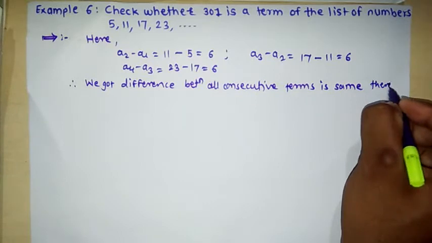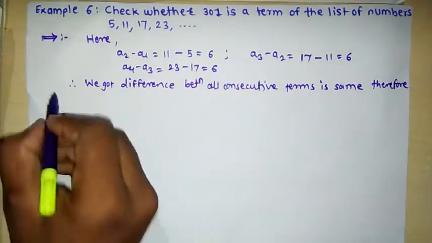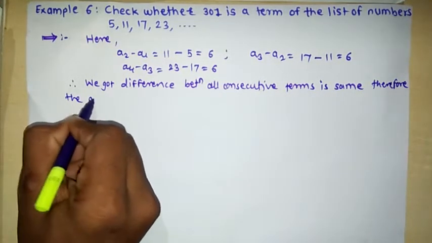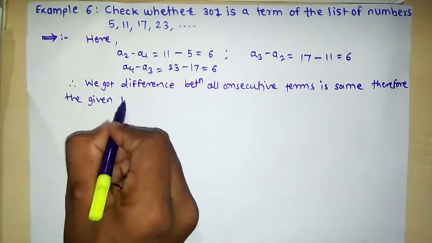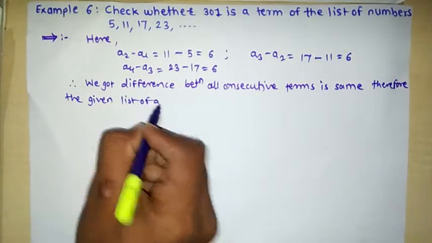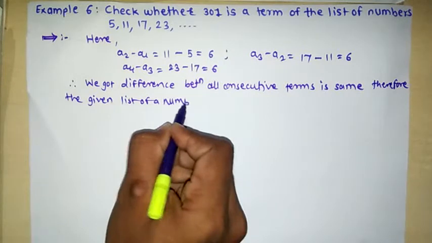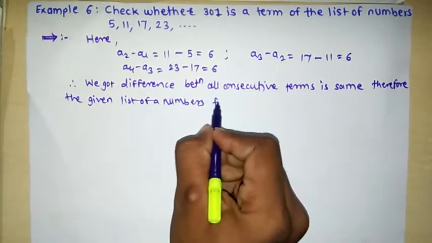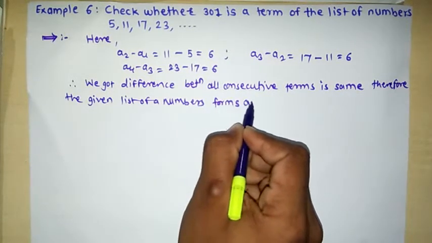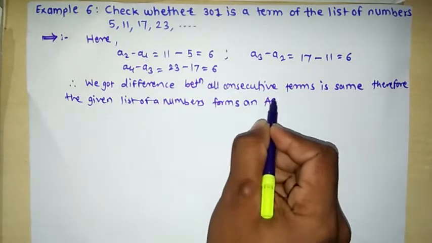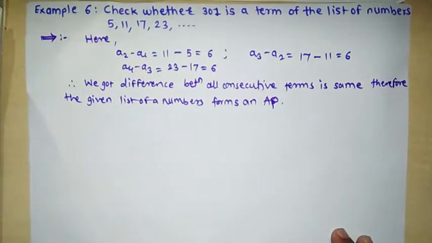Therefore the given list of numbers forms an AP. The given list of numbers forms an AP. Now we have to check whether 301 is a term of the list of numbers given. We got the arithmetic progression. Now we have to check.